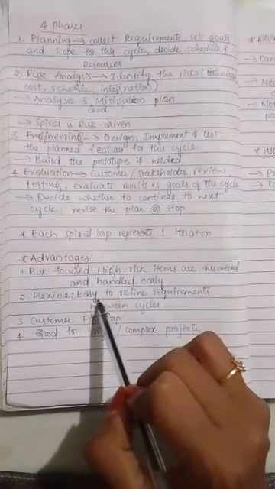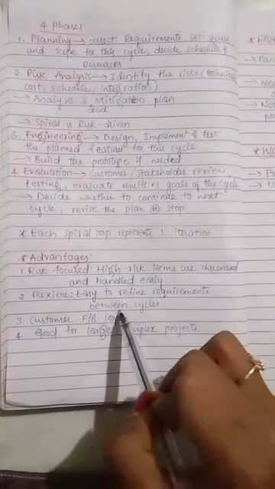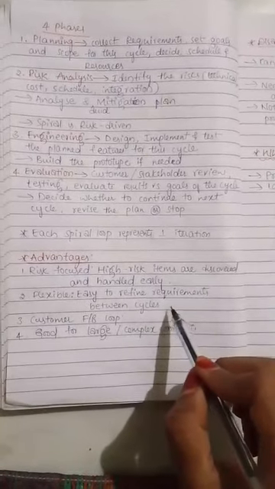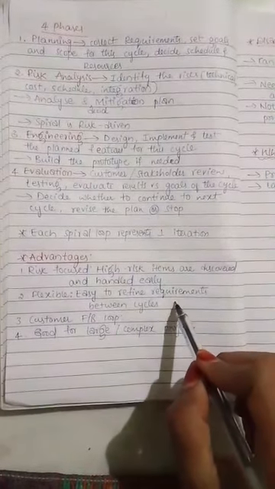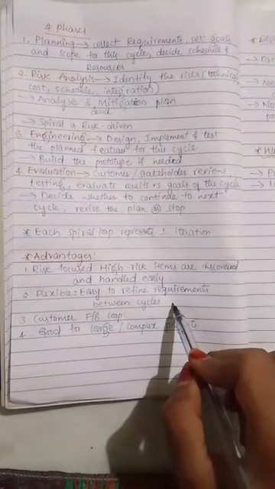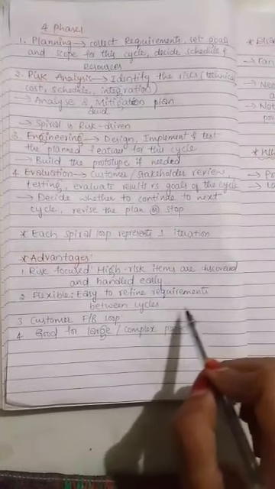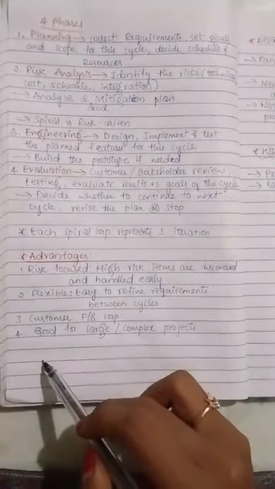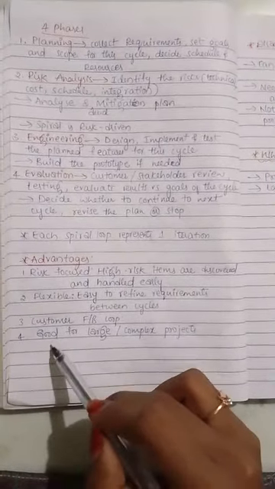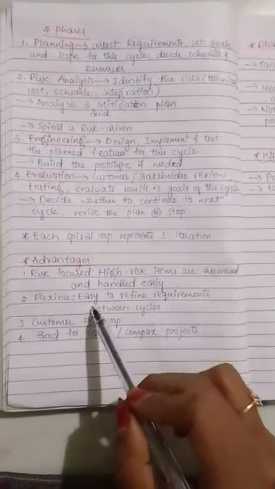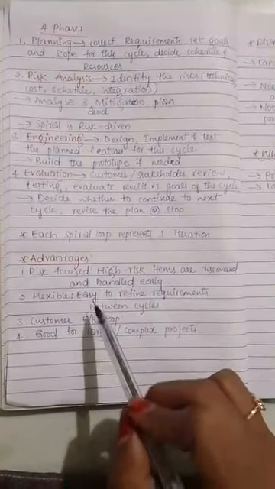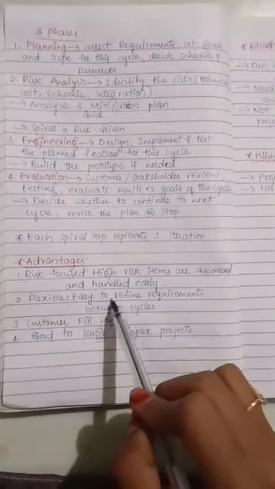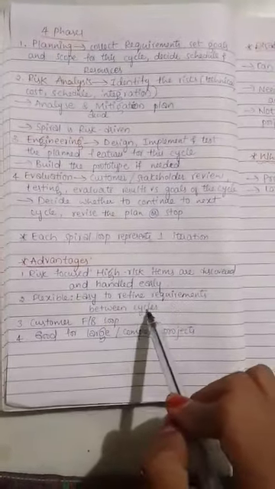And flexible, easy to refine the requirements between the cycle. If I want to add any requirement in between, I can add the requirement easily. But in the waterfall model, I can't go back and add. That is the disadvantage in the waterfall model that we can overcome in the spiral model. Got it? That's why it is very flexible, easy to refine the requirements between the cycle.